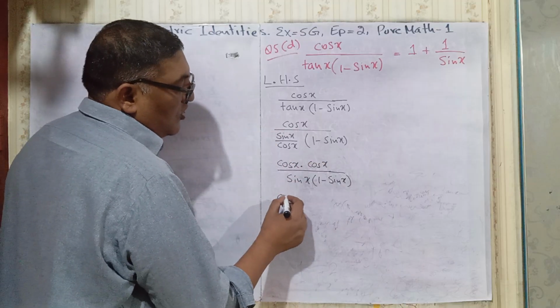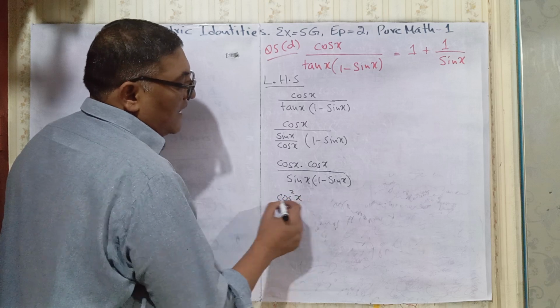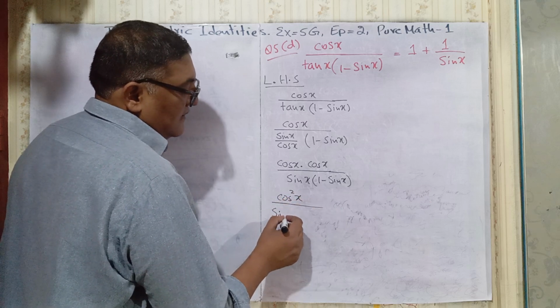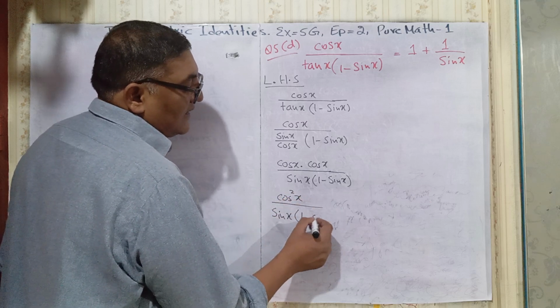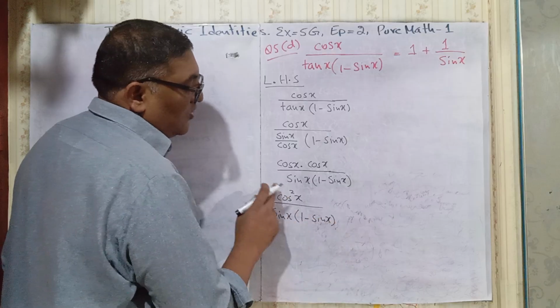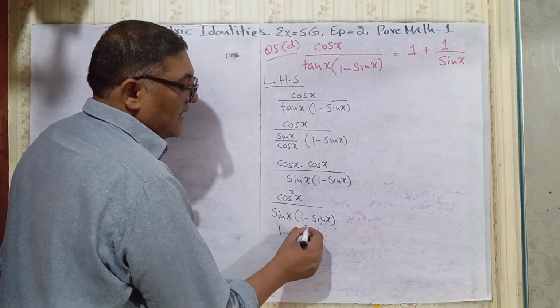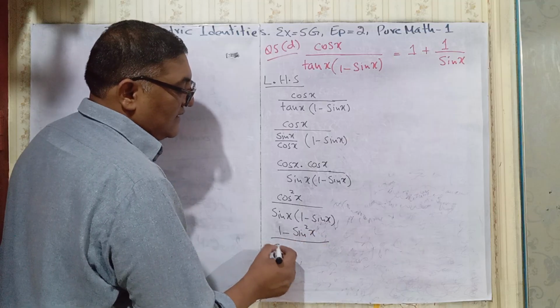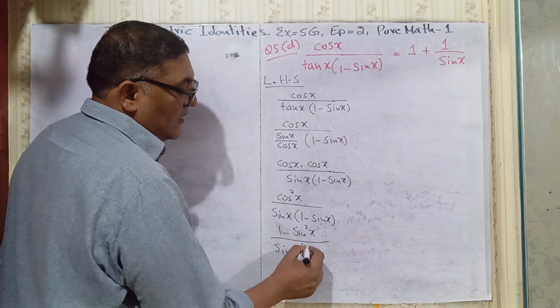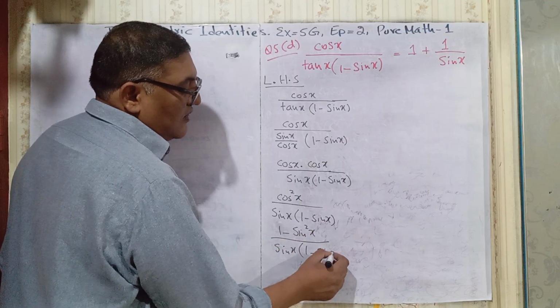This becomes cos²x divided by sin x (1 − sin x). In place of cos²x, I can write 1 − sin²x, divided by sin x (1 − sin x).